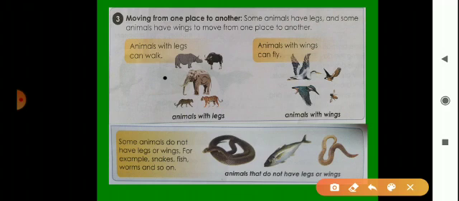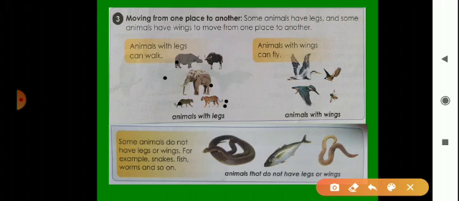Many animals have legs. Rhinoceros, elephant, tiger, panther. These are the animals which move from one place to another with the help of legs.